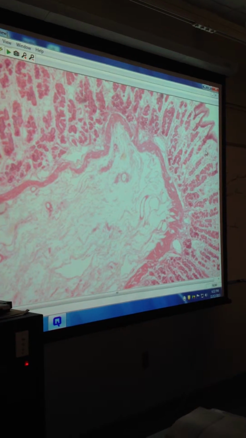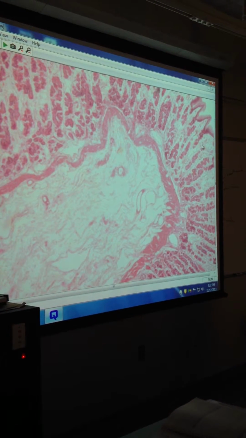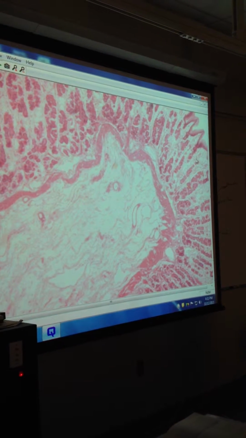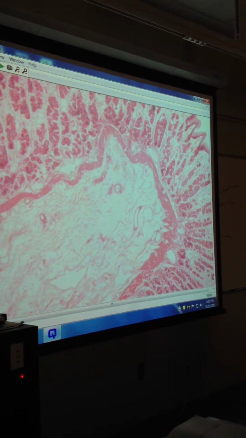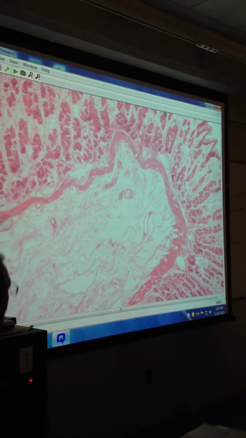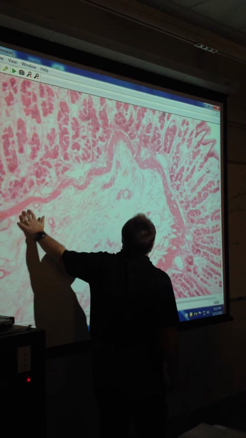You'll notice that there are these large folds of tissue. I don't think I talked about this in lecture, but the inner layer of the stomach has rugae, these ridges. And what we're looking at is a cross-section through one of those rugae.